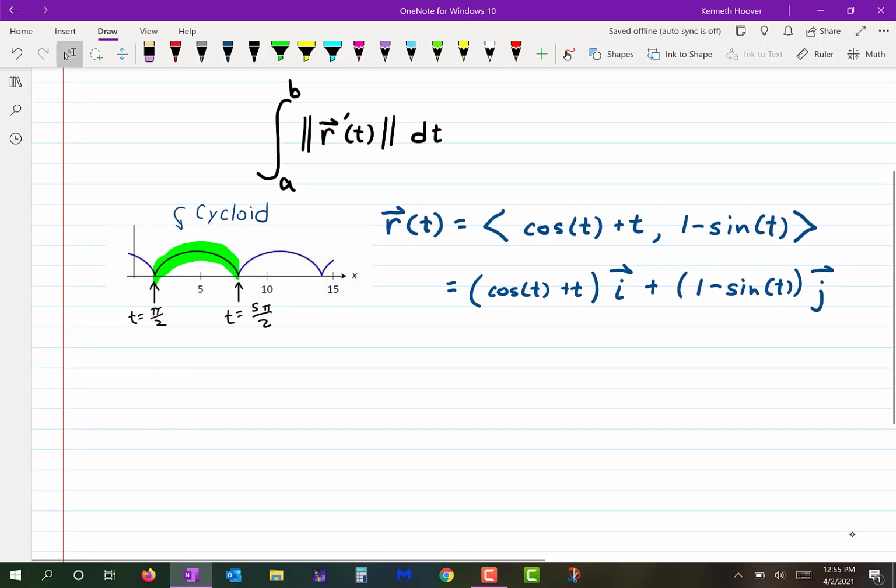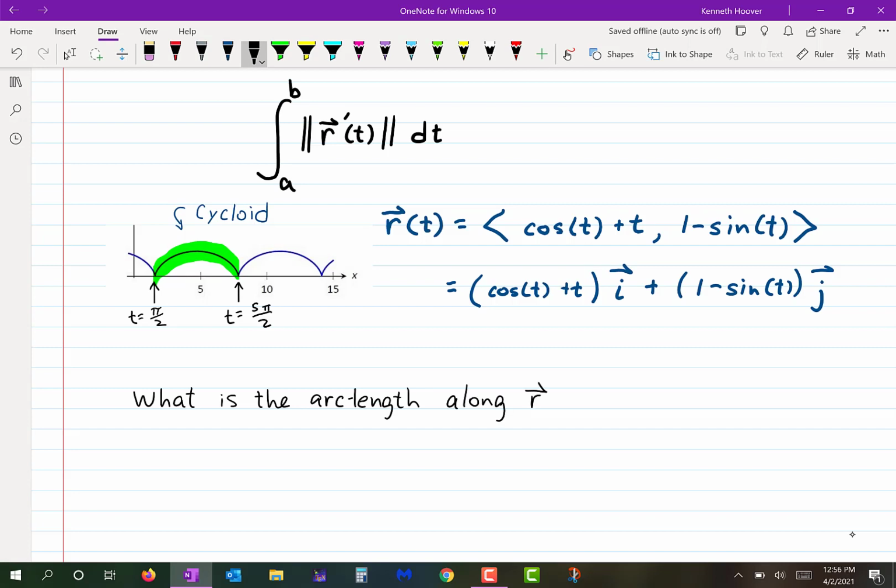So the question will be this: what is the arc length along r from t equals pi over 2 to t equals 5 pi over 2? Here's how you do the problem.